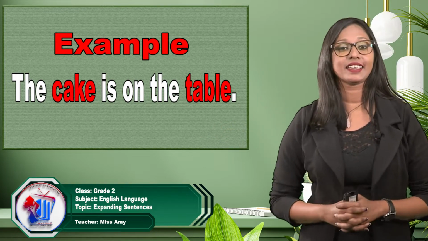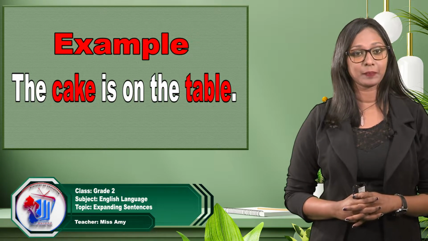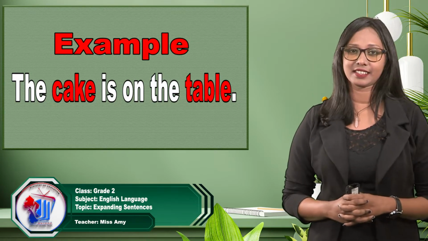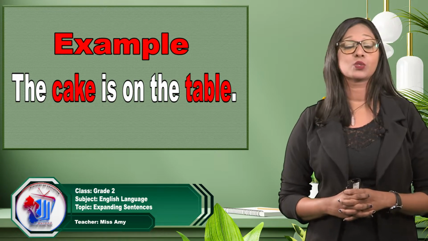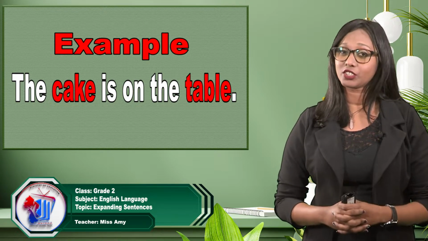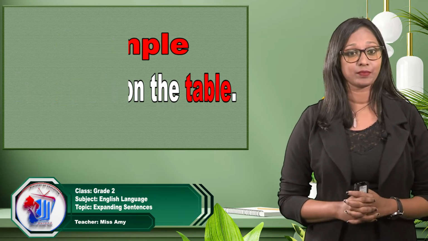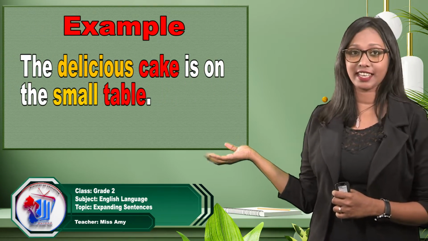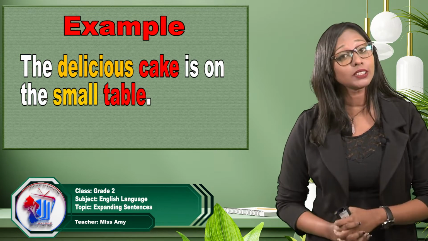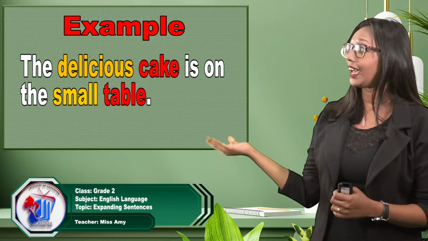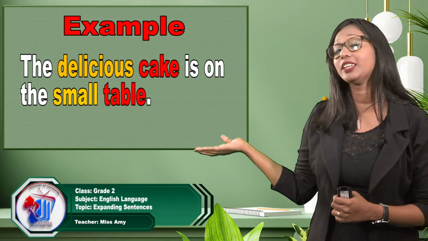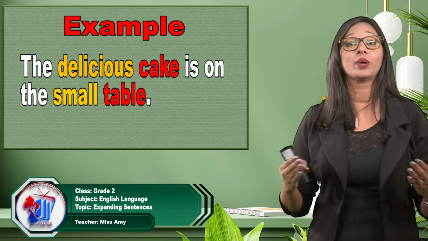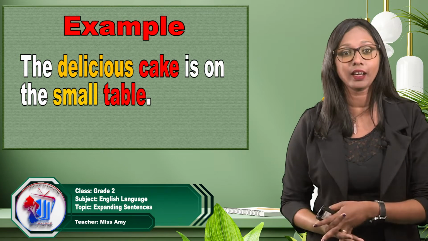So the cake is on the table. Now that is a very plain sentence. We do not get too much information from that sentence. So if we say the delicious cake is on the small table, that gives us more information about the cake and where the cake is found.